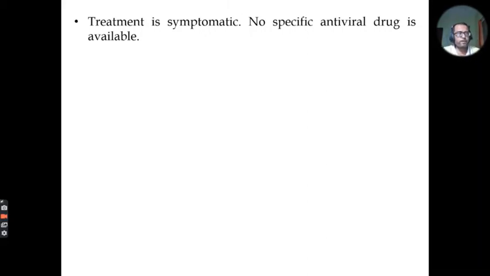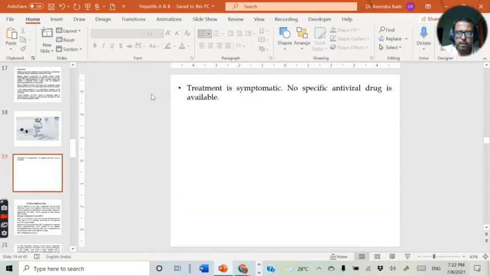So in order to avoid this infection, vaccination is a must, because no specific antiviral drugs are available to treat children or young ones infected with hepatitis A virus. In this case, we treat the children according to the symptoms shown. No specific antiviral drugs are available against this infection.